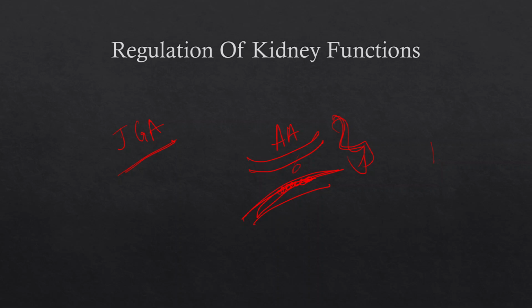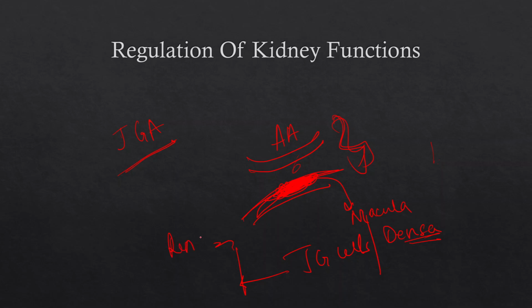In this DCT, we have some peculiar cells called macula densa cells. They are only present at this place. What do these macula densa cells do? These are also called JG cells, and they secrete renin.